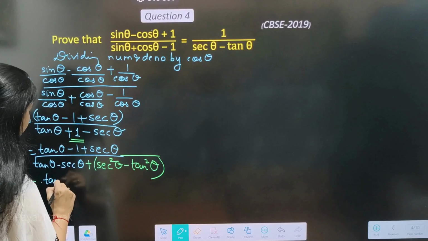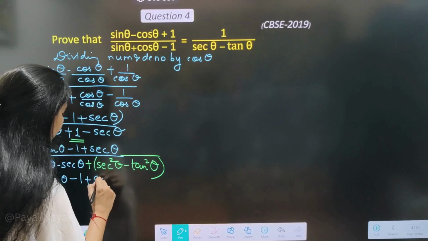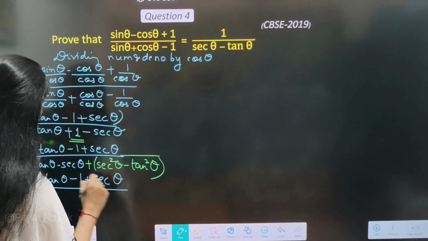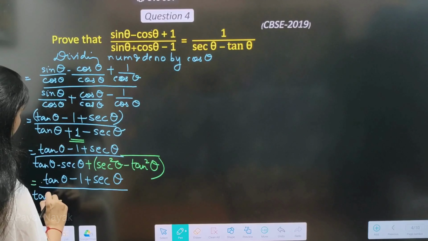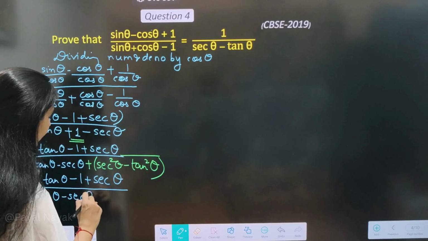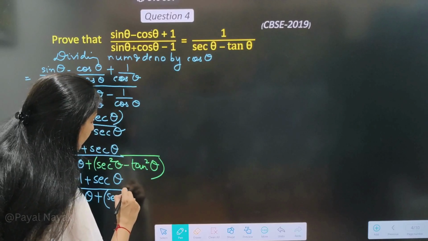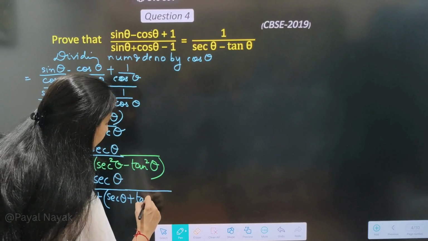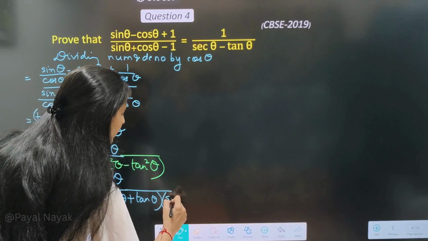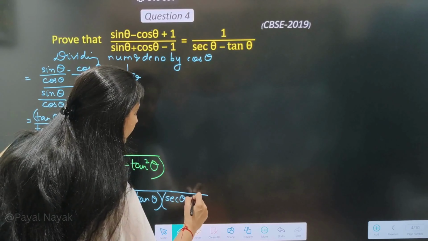So this numerator, no change in the numerator, you will write it as it is. And the denominator, you will be substituting the identity, that is tan theta minus sec theta, into sec theta plus tan theta and sec theta minus tan theta.